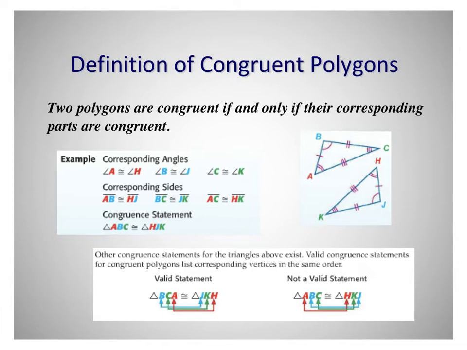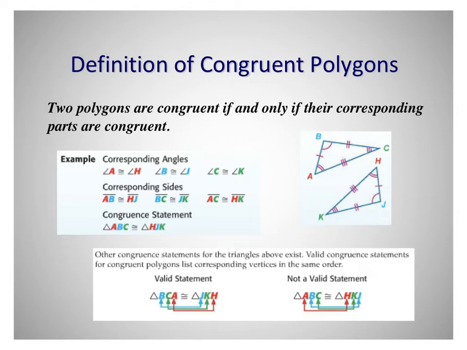Now the congruency statement is telling you which triangle is congruent to which one. So when you write your first triangle, the order that you write the first one in is absolutely, completely 100% up to you. The second one, it is no longer up to you. You have to follow the same order of correspondence that you wrote the first triangle.